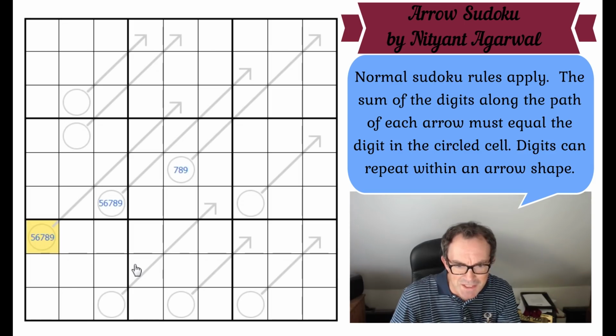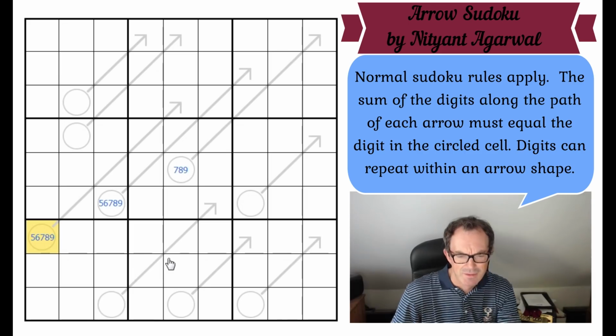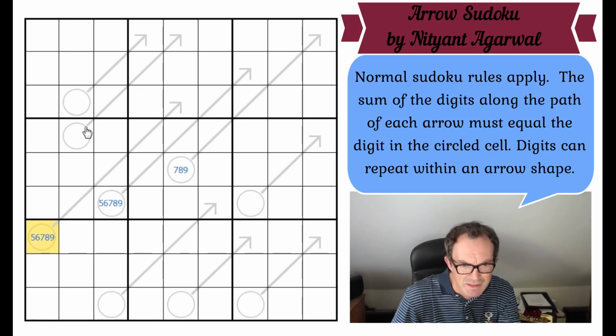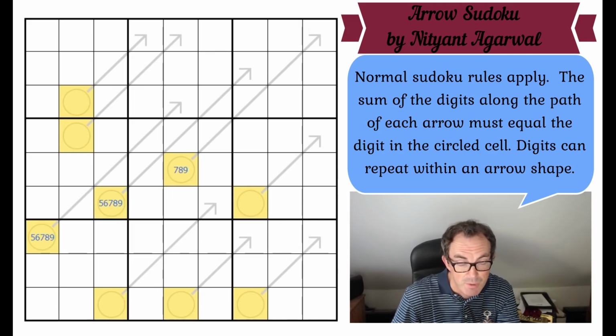I'm almost thinking that I'm being trolled here. What am I missing? There are no more long arrows? Are the circles aligned in some way here? Let's highlight all the circles and stare at them for a moment.